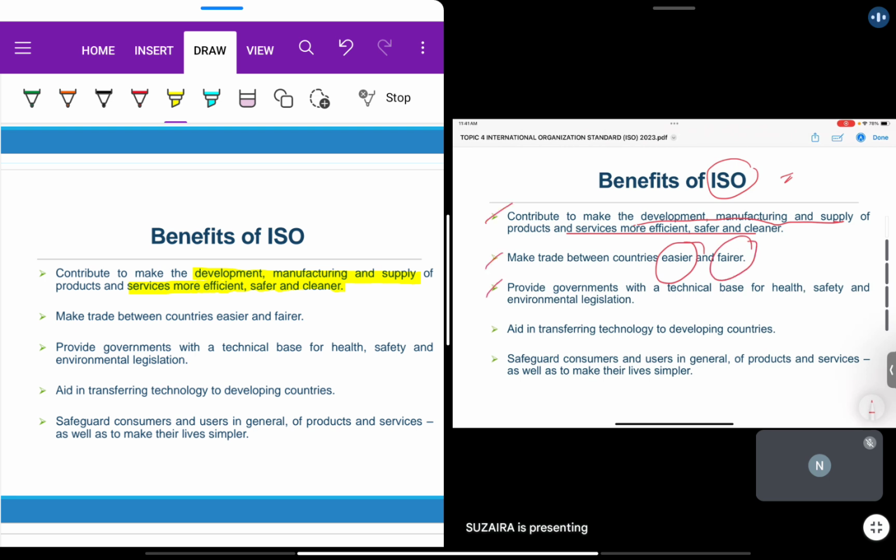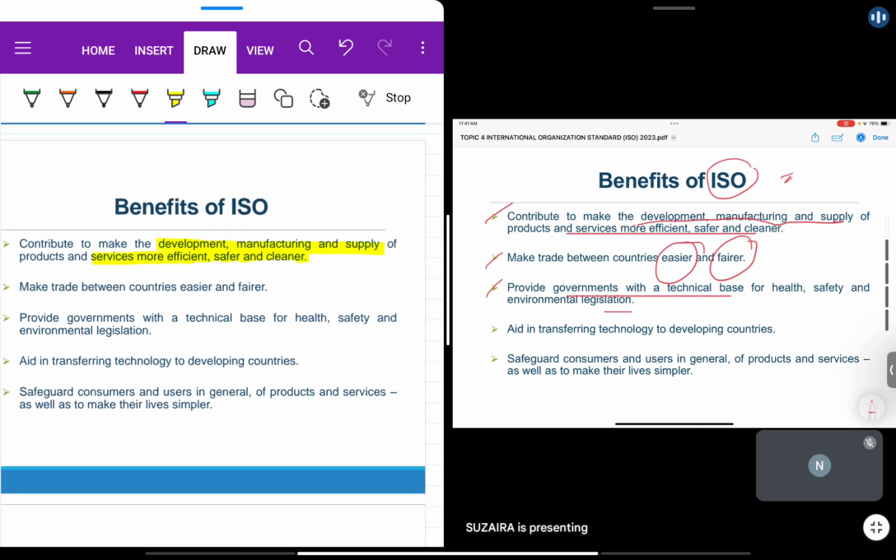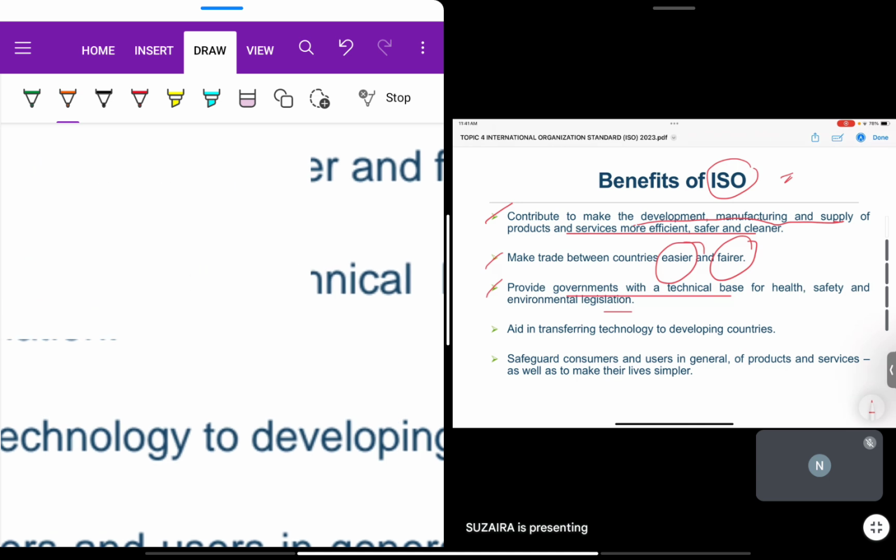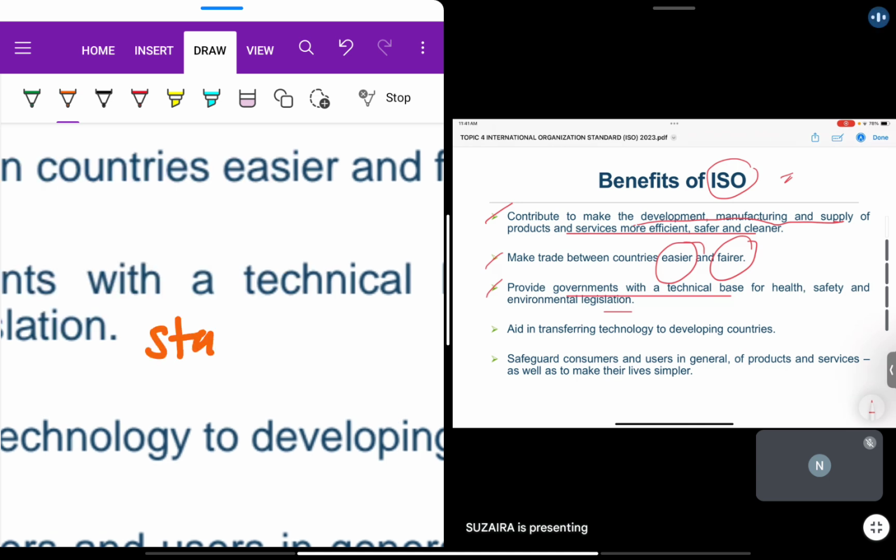And number three is to provide government with a technical base for health, safety, and environment legislation. They can use this standard to audit a company.